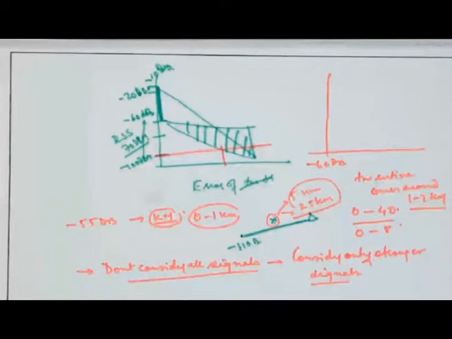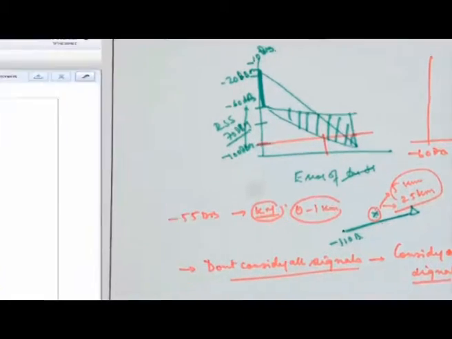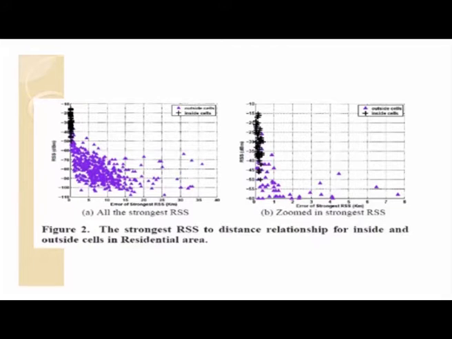Okay. So what is the learning from here? If you have to consider signal as a proxy to distance, only consider those signals which have higher decibel within it. So typically you only consider minus 60 and above. Okay, very good.